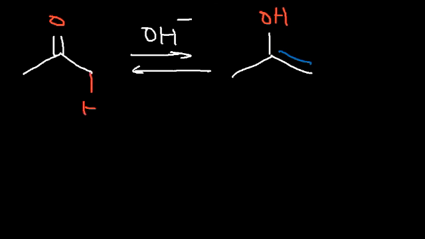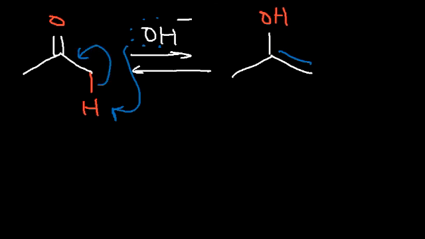So this hydrogen is called an alpha hydrogen, and alpha hydrogens are relatively acidic because the conjugate base is stabilized by resonance with the carbonyl group. And so this hydroxide ion is going to abstract the alpha hydrogen, and the carbon-hydrogen bond is going to break.